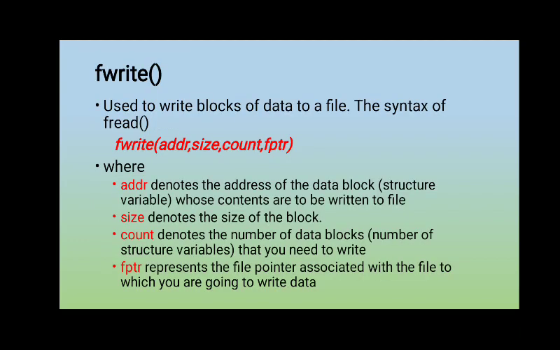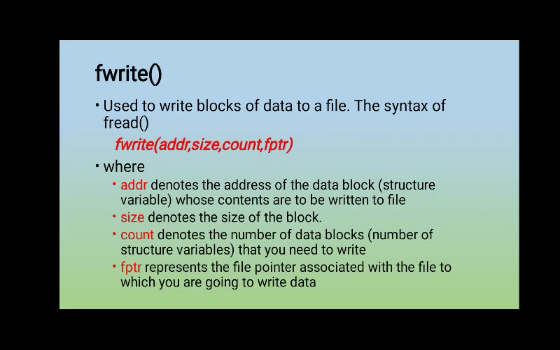Now moving on to the next function, fwrite. So fread was to read the data into a structure variable. That is, you're going to read a block of data that are stored together. Similarly, we are going to write a block of data, that is, a structure variable's entire data can be written by using fwrite.